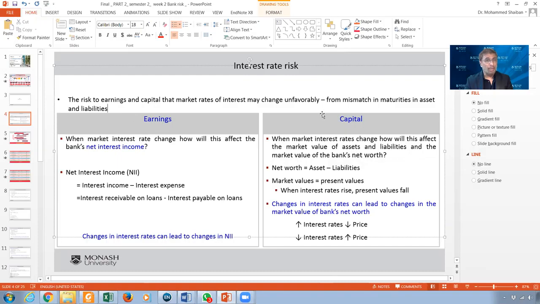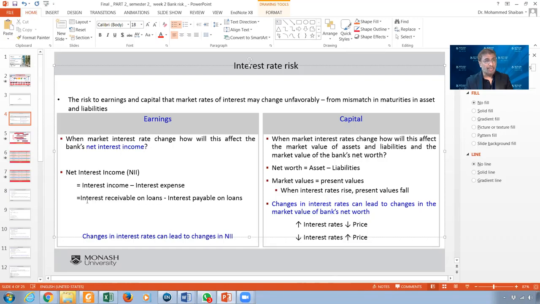Now, how does it affect the earnings, which means the income statement, the bottom line, the net income? When the market interest rate changes, how does this affect the bank's net interest income? Take this example. We have net interest income, which is the interest income minus the interest expenses.